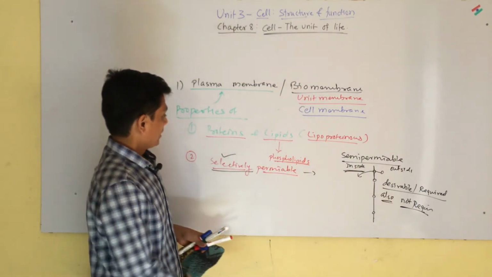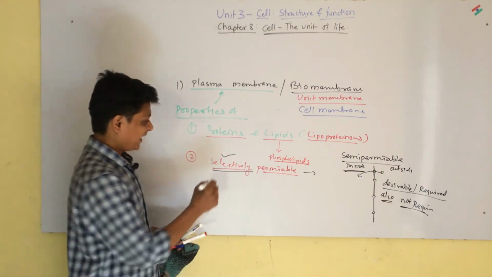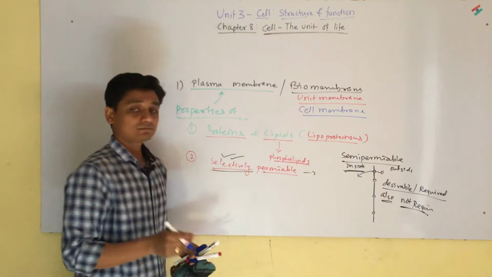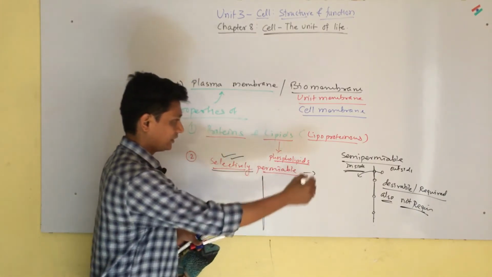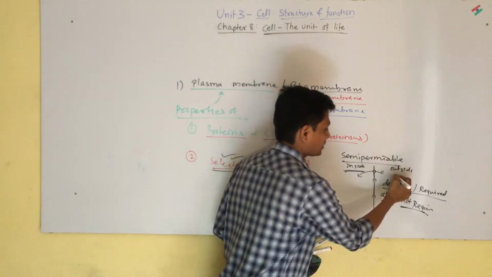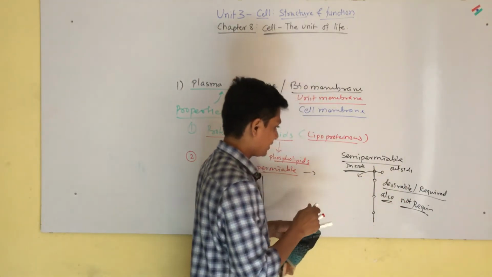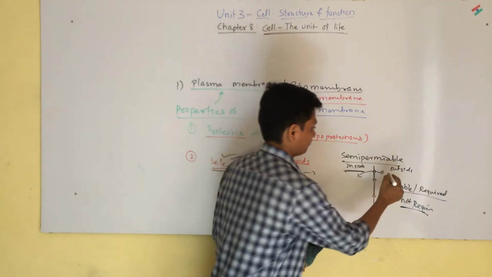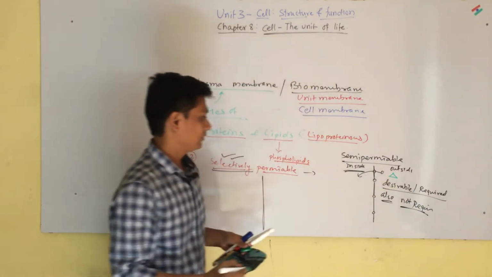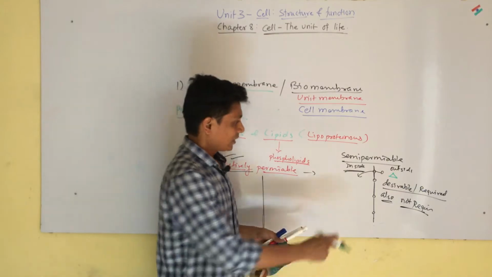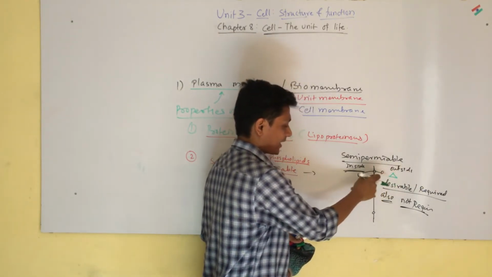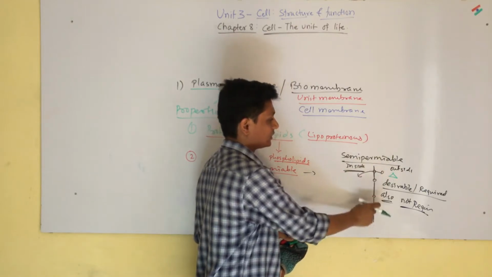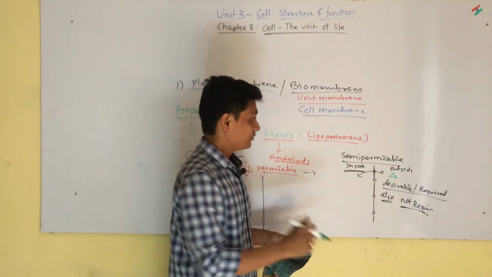But in selectively permeable, the name indicates selection is there. Here if the material is bigger than the aperture size, it cannot pass through the semi permeable membrane even if it is required.